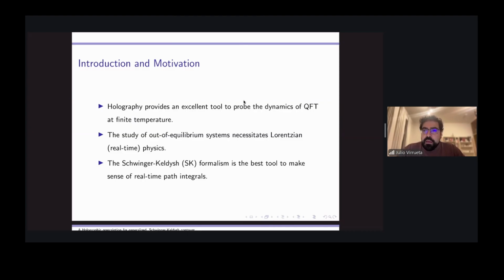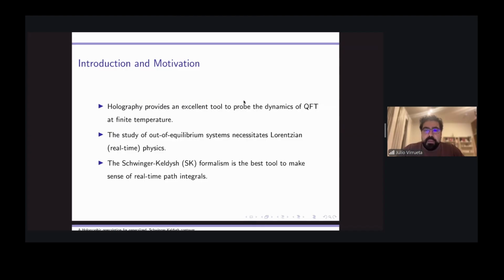And in that case, there are several complications that emerge in comparison with the Euclidean setting. There is the question of time ordering, and then one needs to make sure to be able to define correlators in systems that are strongly coupled, in which the usual assumptions for the Feynman path integral don't always hold.